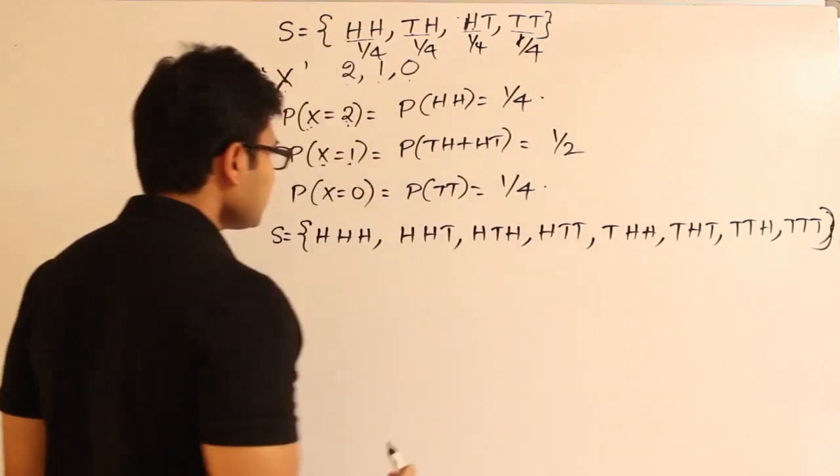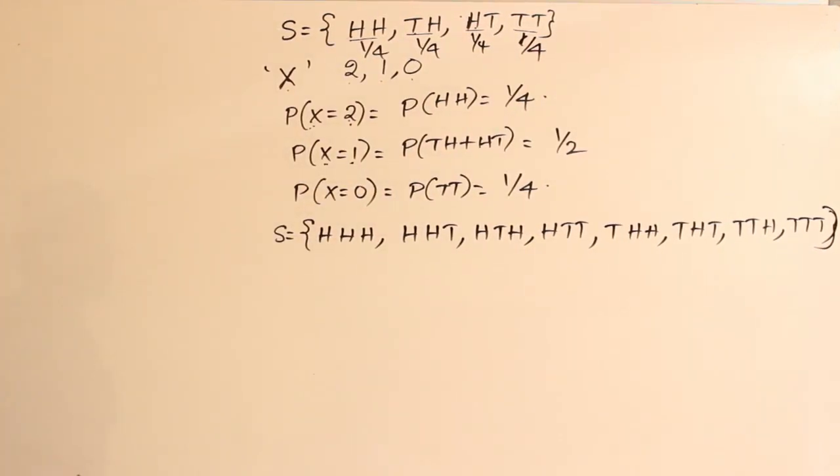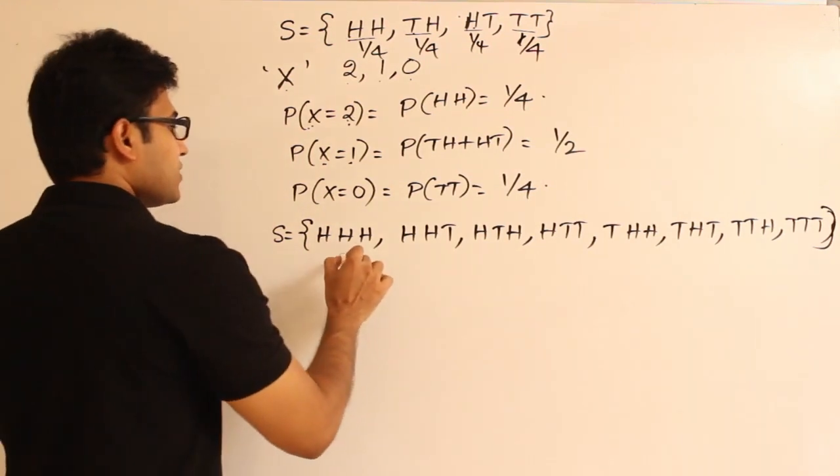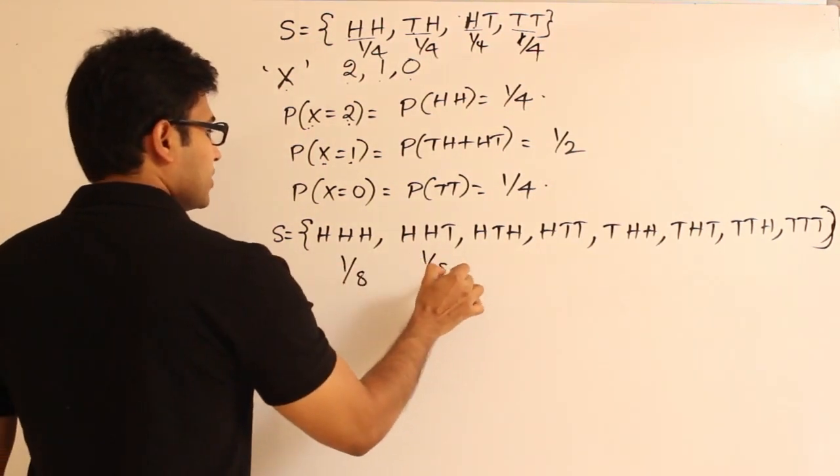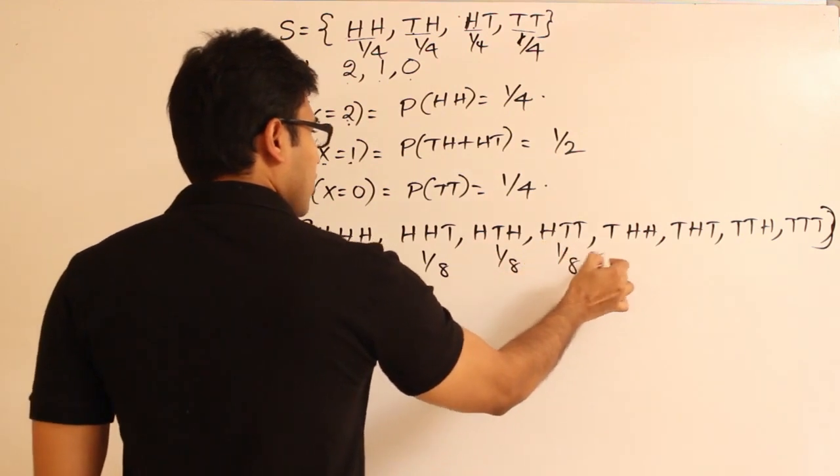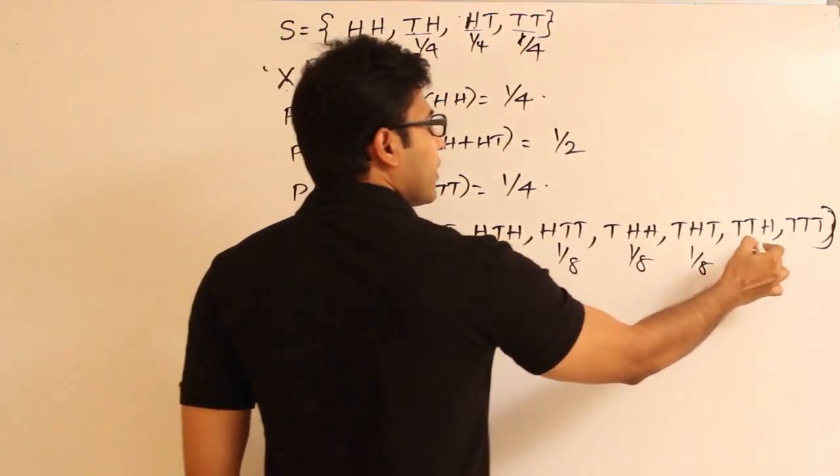Got it? Now all these events are equally likely because all the coins are fair. So for all these events we are going to give 1 by 8 as the probability. All are equally likely. Okay.